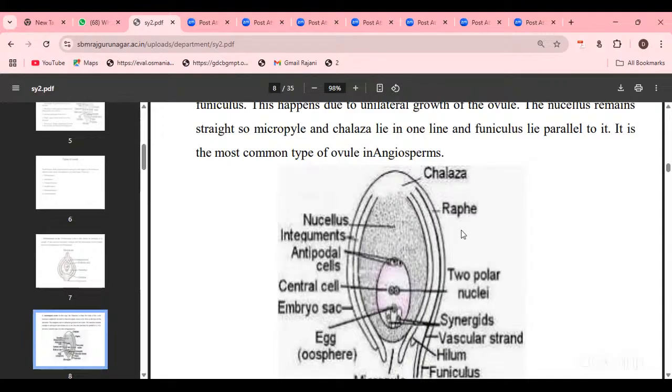This is the integuments, this is the raphe. In this type, the funicle is long.